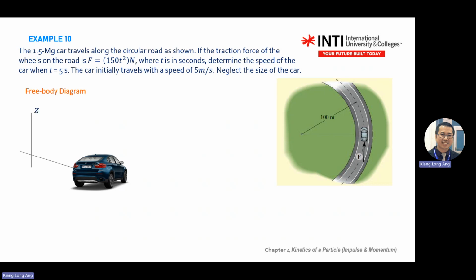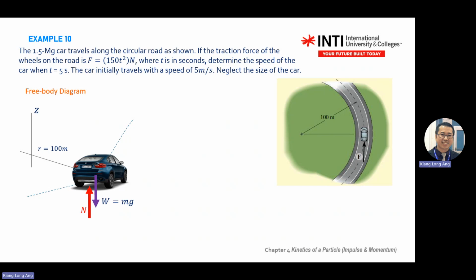So you draw the car in this way. You draw the object in three dimensions. Your weight is going down. Your car is moving forward. R is 100 meters. And don't forget the normal force. The normal force points towards the body, not towards the ground.